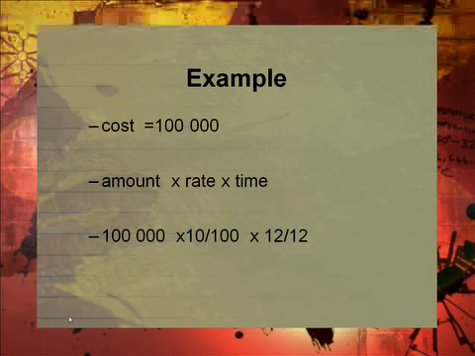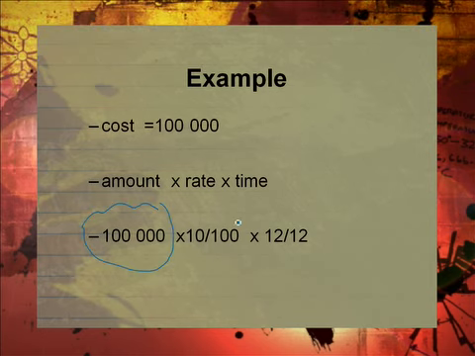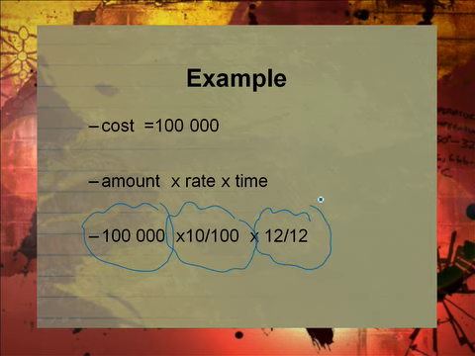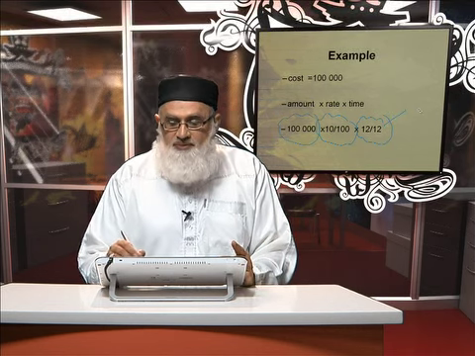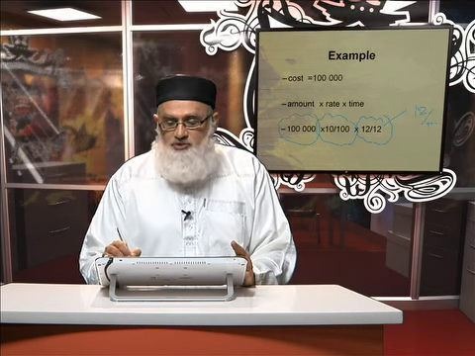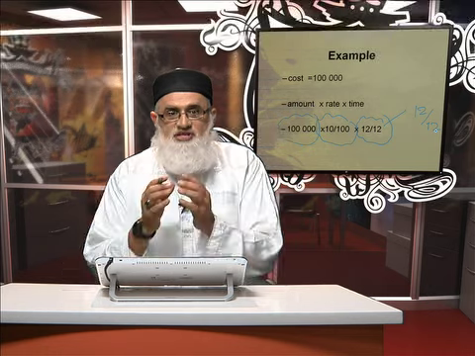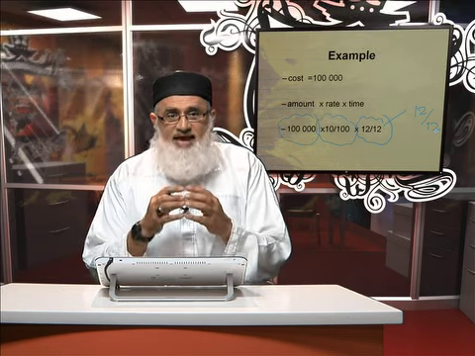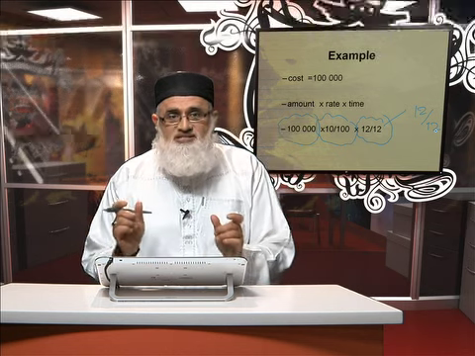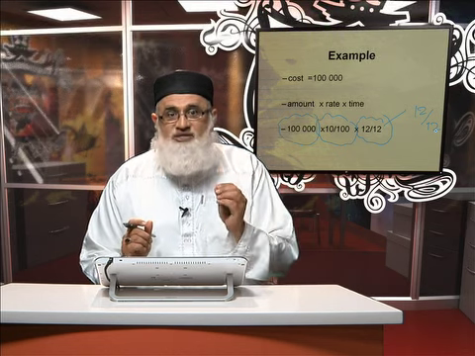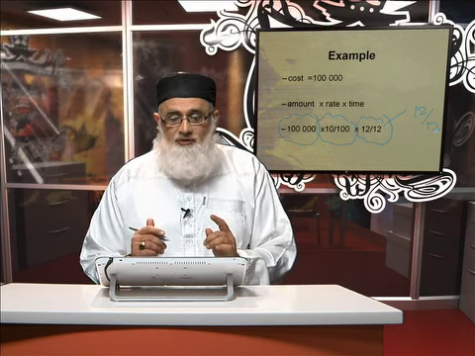So here goes. The amount is 100,000 times your percentage, which is 10 over 100, times your time, which is 12 over 12. Please don't accept that this will always be 12 over 12, because depending on the time that the asset has been utilized, in other words pro rata depreciation, take that into account when doing this calculation.